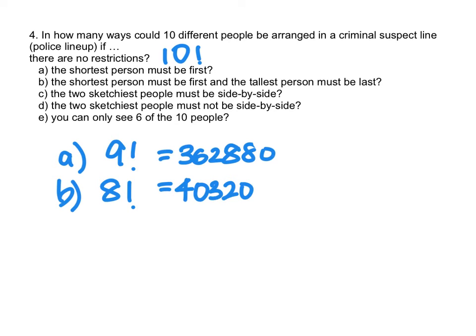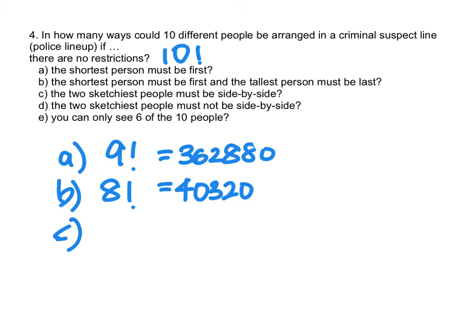Part C, the 2 sketchiest people must be side by side. So again, with these 2 really sketchy people, they're the most sketchy of all of the people in the criminal suspect line. So if they're distinct, and if those 2 people are standing together, our approach is going to be that we're going to count them as one person.